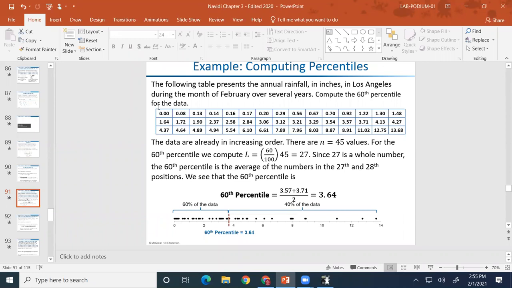So the 27th position, since it's a whole number, you take the two right next to one another, add them up, and divide by 2. If it had been 27.1, then you would use that. Because that was the same instruction they gave in the quartiles, but they just didn't show you one until now.